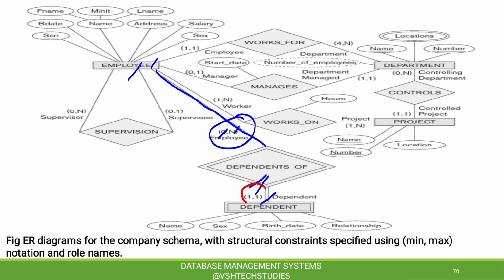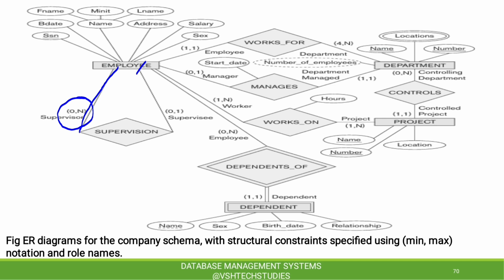The other side 1 comma 1 is written on the line joining dependent entity with the same relationship, that is dependence of. This minimum number indicates that a dependent is dependent of, to the minimum one employee, to the maximum also one employee. Next we shall consider this 0 comma n, which is written on the line joining employee entity with supervision relationship.